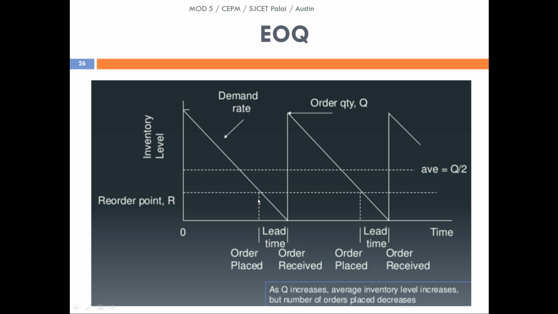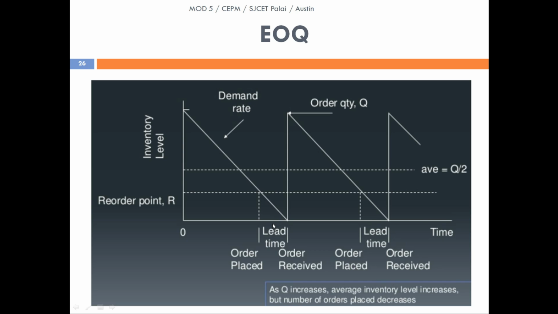And we could see on the x-axis the order is placed, and the next point is here. When the inventory level decreases and approaches 0, we will receive the next order, and the time elapsed between the point where we have placed the order and the point where we have received the order is said to be the lead time.